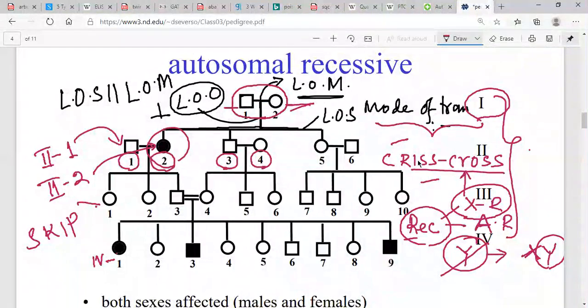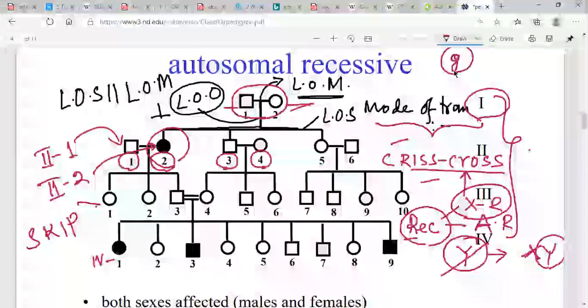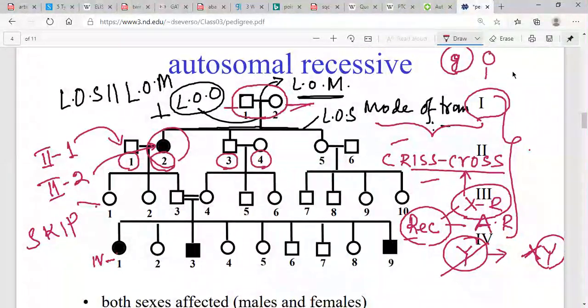What does it mean? It is the transmission of the gene from male parent through the female daughter to the male grandchild.